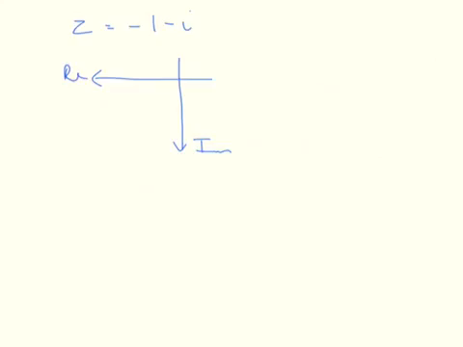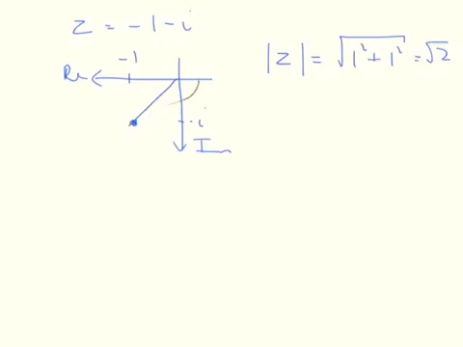And one last example, if I've got minus 1 minus i, plotting that on my diagram, it would be there. So my distance from 0, my r, mod Z, is going to be 1 squared plus 1 squared, square root, so that's root 2. Now this time my angle, starting from the positive x-axis, goes that way. So that's where theta is. But if I draw my triangle, I have alpha in there.